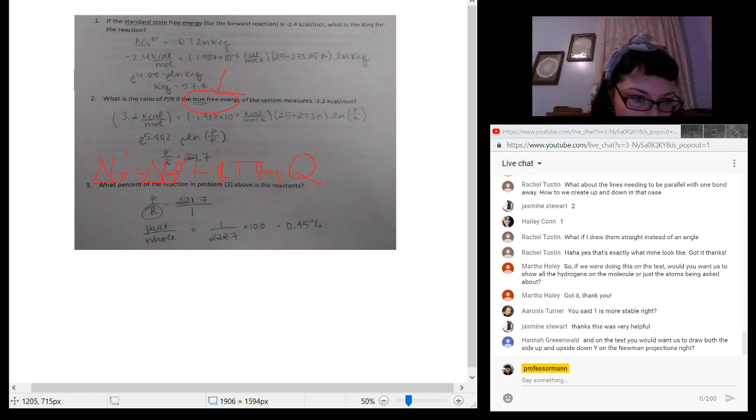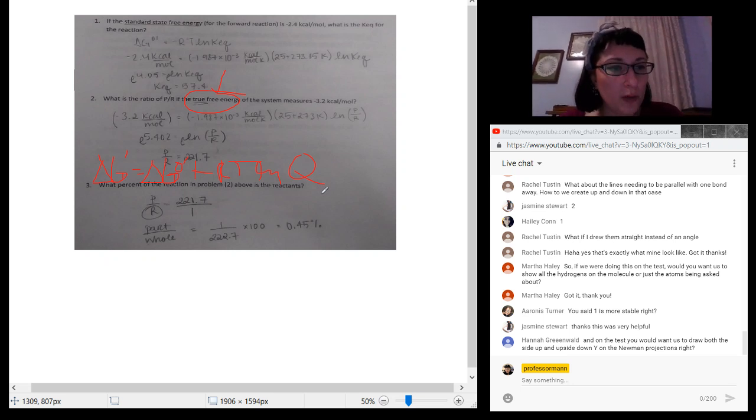What percent of the reaction in problem 2 above is the reactants? So if you're looking, you found what percent is product, it looks like.